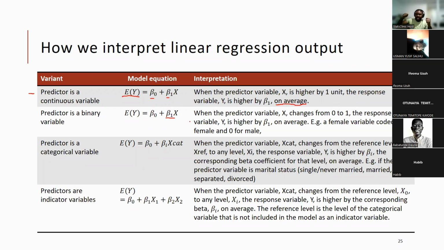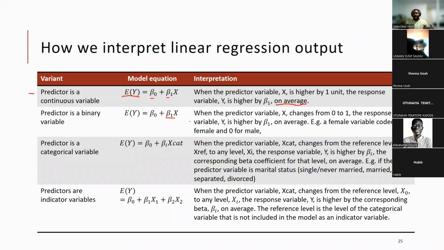When you compare the beta estimates for each level of the category, you'll be comparing them to the reference category. So you will compare the obese group to the normal group, and you will also compare the underweight group to the normal group.